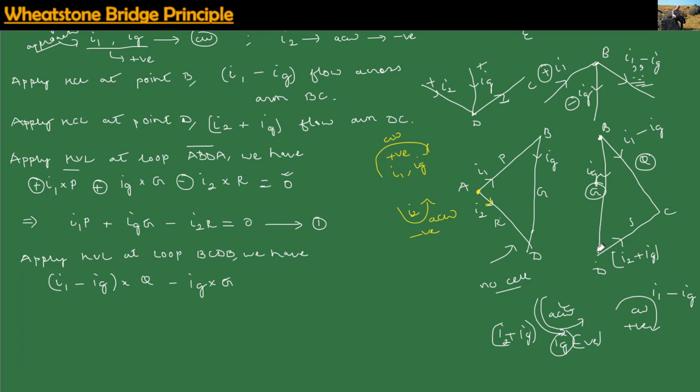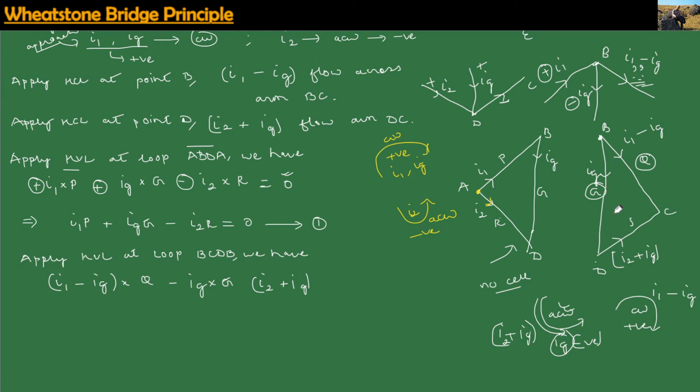Then another current, across branch DC, will be I2 plus IG. This is the current across that branch CD.